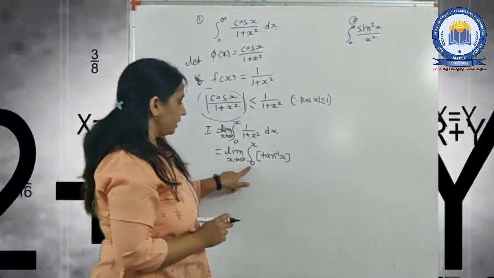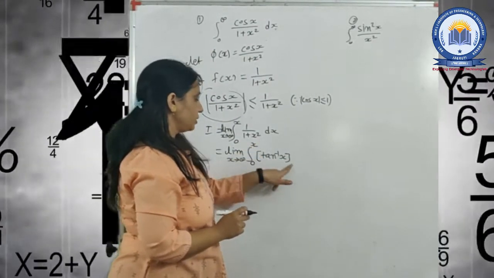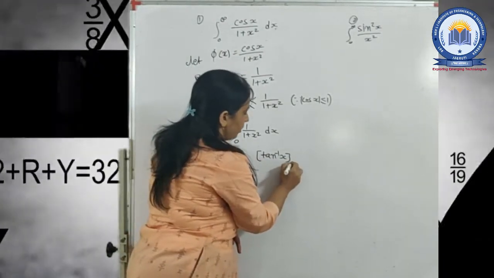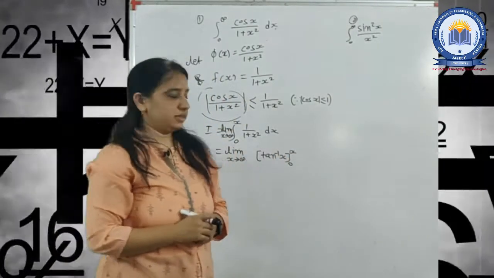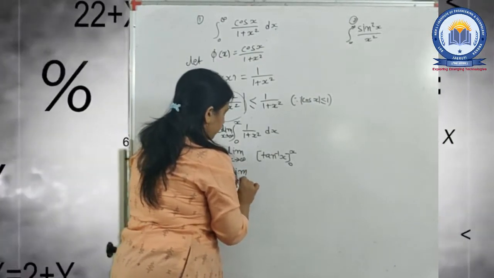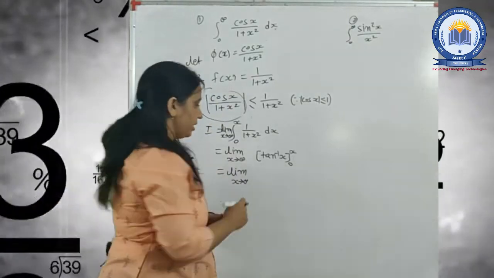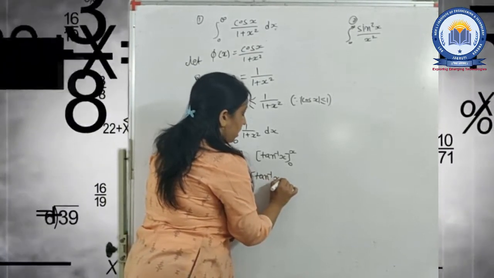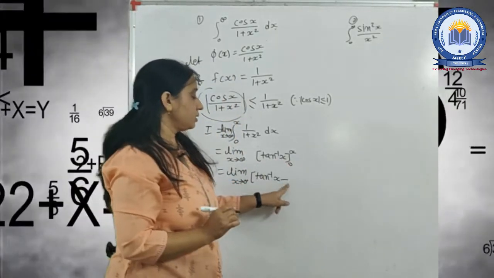Again we can write it with the limits 0 to x. Now again we rewrite limit x tends to infinity of tan inverse x minus tan inverse 0.